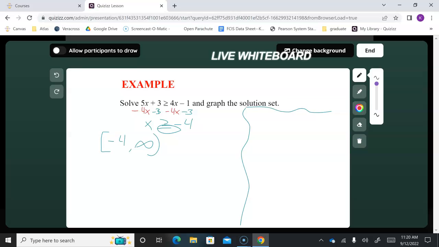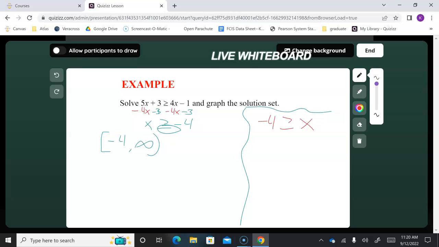If we had -4 is greater than x. Okay. Now, that's a different problem. If you got -4 is greater than x, you messed up somewhere. You had a negative coefficient you forgot to divide, and there's something we have to do with that.